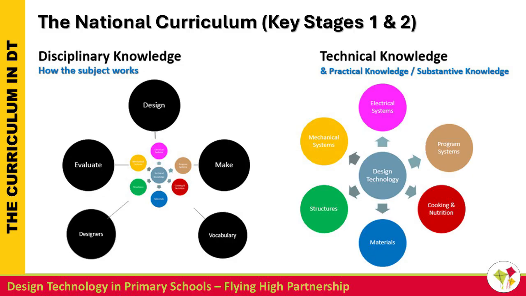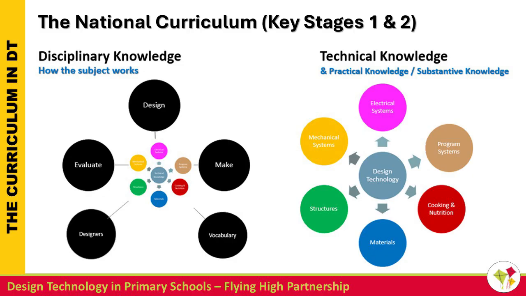Second is the technical knowledge, and this includes developing knowledge about products, knowing how they work and how they are made. Using guidance from the national curriculum, this learning can be divided into 6 strands of learning: cooking and nutrition, materials including textiles, structures, mechanical systems, electrical systems and program systems.